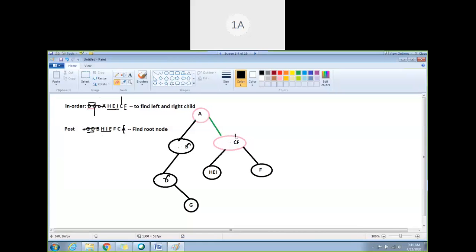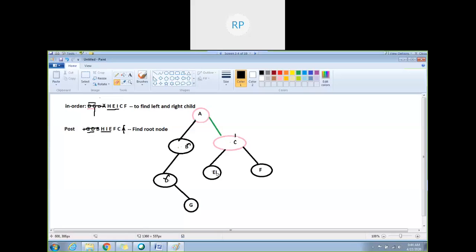Others can also tell. E is the root node, and then H will be on the left side and I will be on the right side. E is the root node, H is left, I is right. Very good.